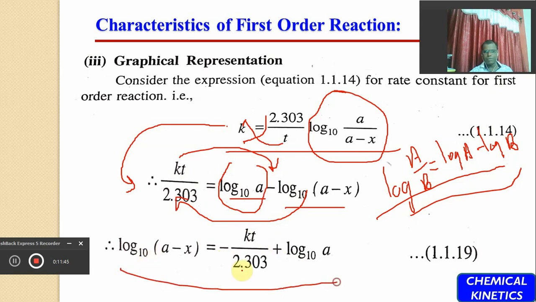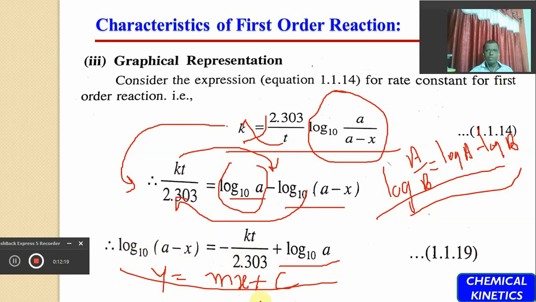This is the simple equation: log of a minus x is equal to minus kt upon 2.303 plus log of a. Dear friends, if this equation is compared with the equation of a straight line, y is equal to mx plus c, this represents a straight line having y-intercept log a and the slope will be minus k upon 2.303.